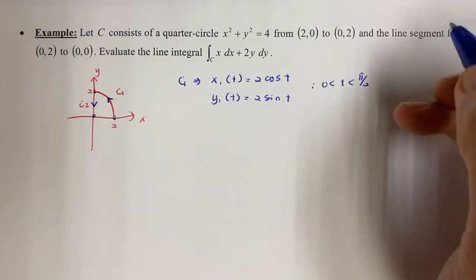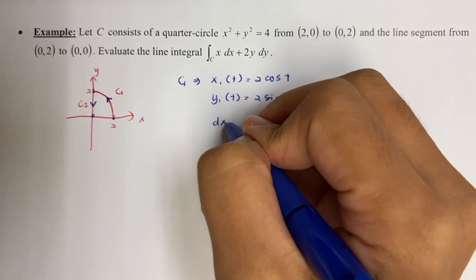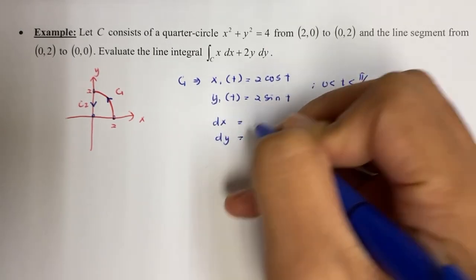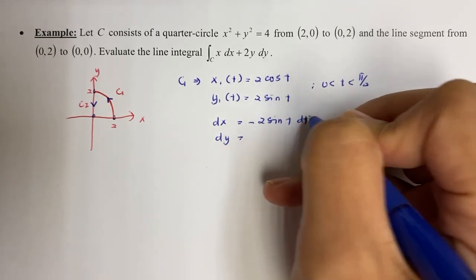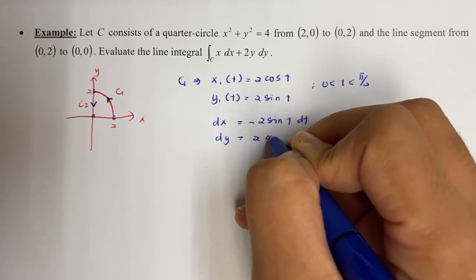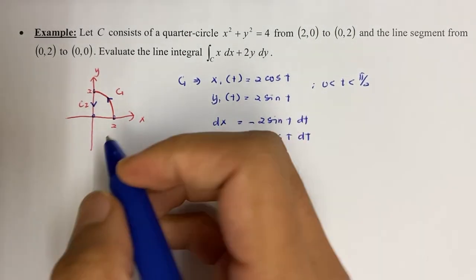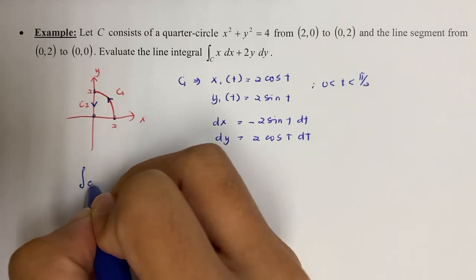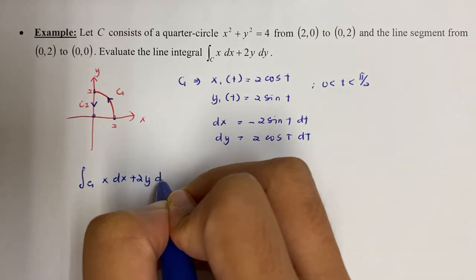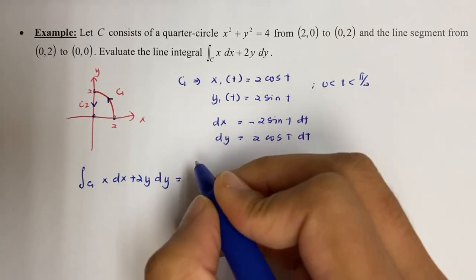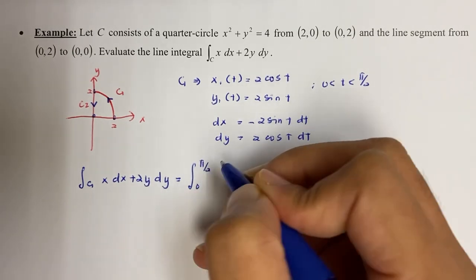Then find dx and dy: dx is equal to negative 2 sin t dt and dy is 2 cos t dt. So for C1, x dx plus 2y dy is equal to the integral where t is from 0 to pi over 2.